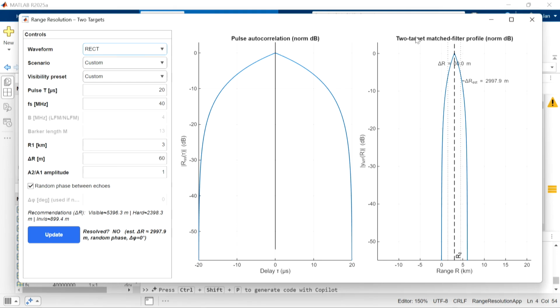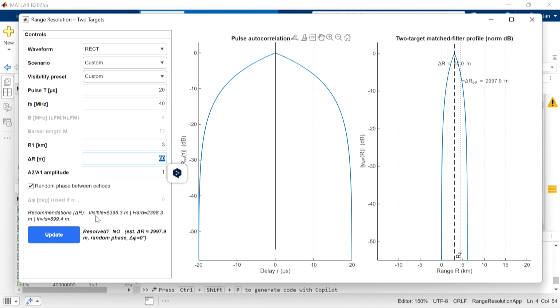And check, if I have two targets, delta R is 60 meters. R1 is the location of the first target, and this is the difference between the targets, if you get my point. I could put R1, R2, but I just use the difference between targets because it is better.